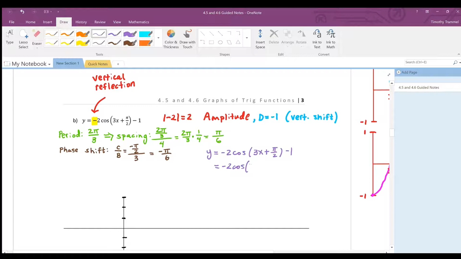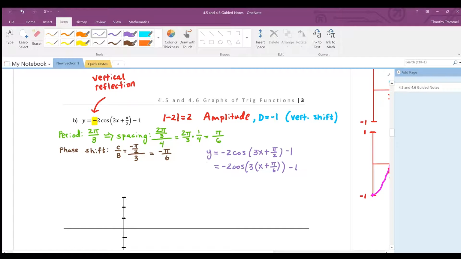If I factor a 3 out here, we get 3 times x plus pi over 6. And you can verify that this is right. If I distribute that 3 back through, I'll get 3x plus pi over 2.